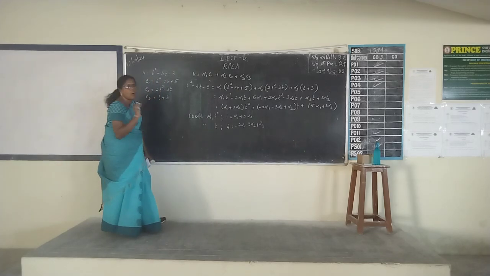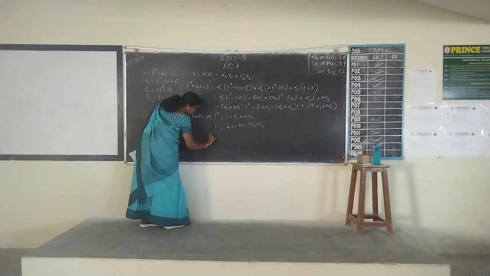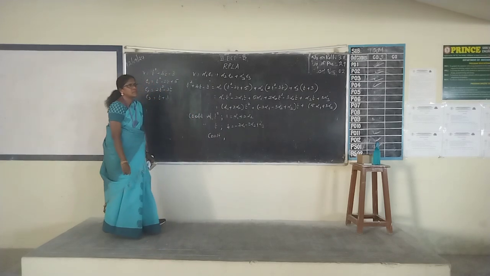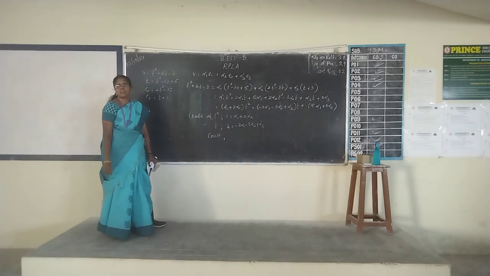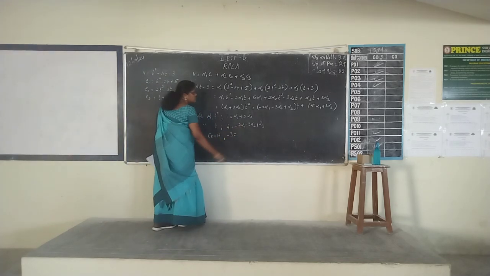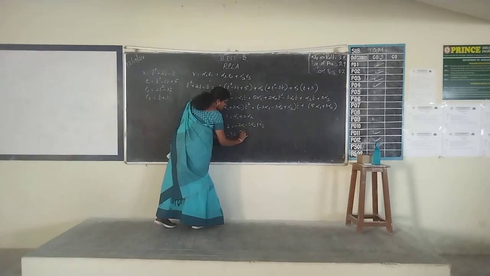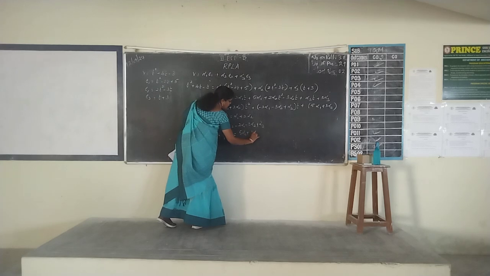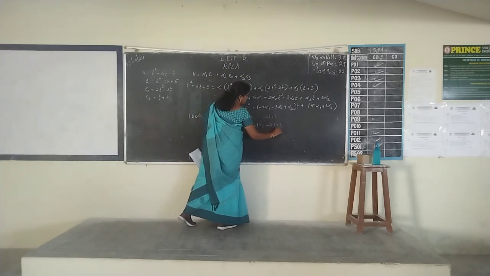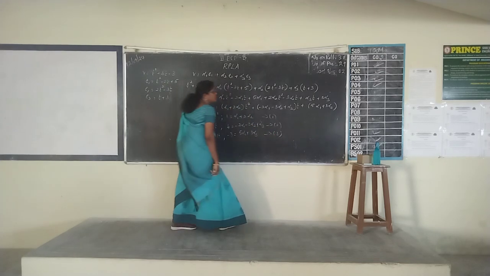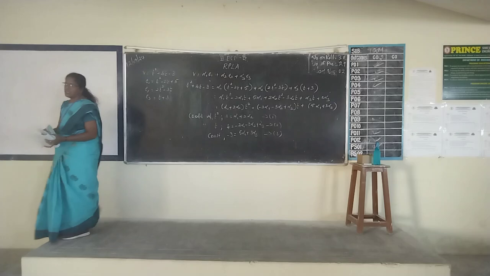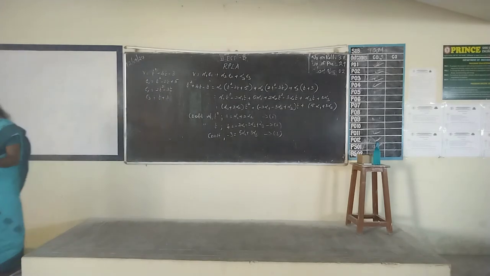Finally, you equate the constants. What is the left hand side constant? Minus 3. Be careful with the signs. Right hand side, what are the constants? 5 alpha 1 plus 3 alpha 3. So you are getting 3 equations and 3 unknowns. So you must try to solve it and find what is alpha 1, alpha 2, alpha 3. Find it.